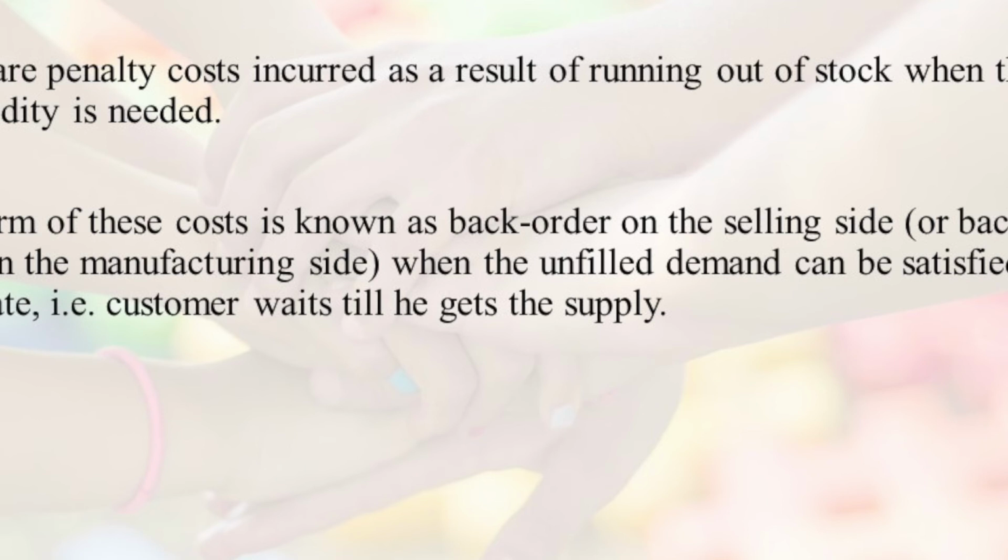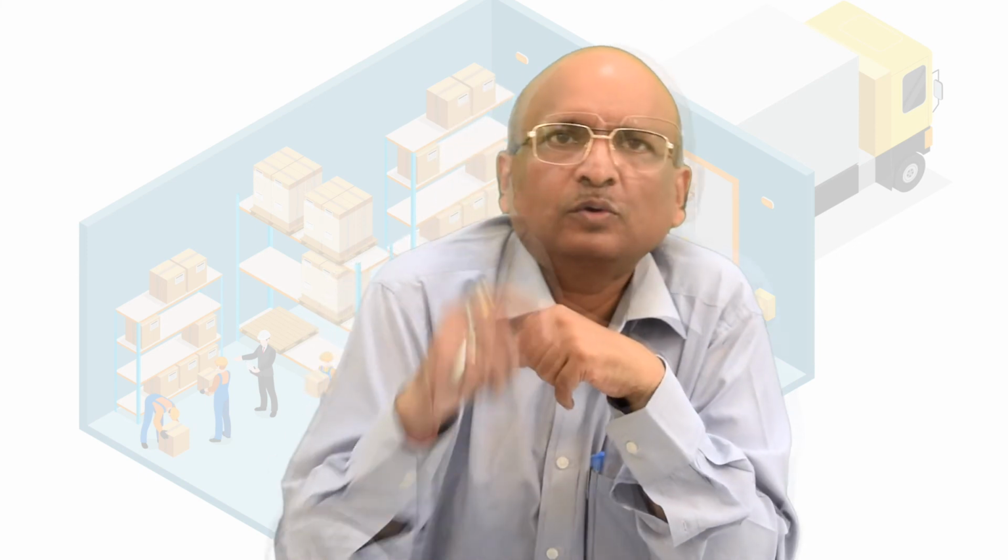One form of this cost is also known as back order cost on the selling side or backlog cost on the manufacturing side, when the unfilled demand can be satisfied at a later date or the customer waits till he gets the supply. So there are three names: one is shortage, stock out, and the third one is the backlog cost.